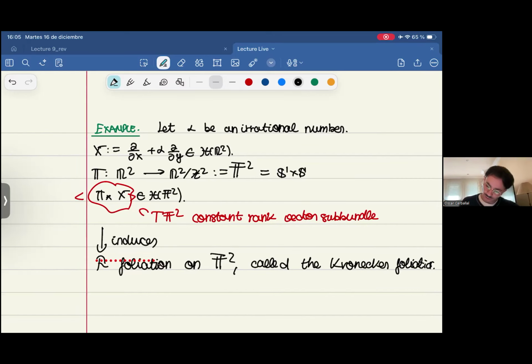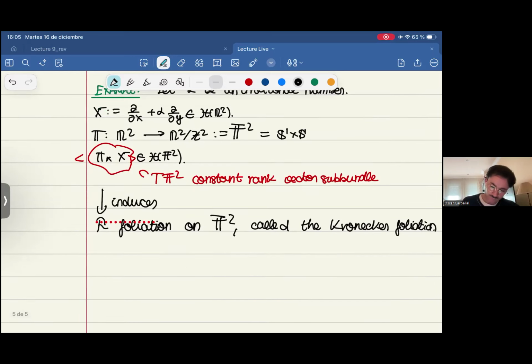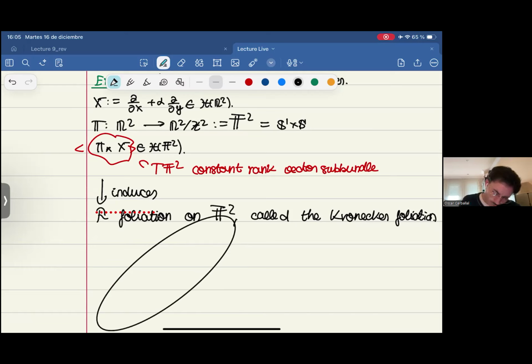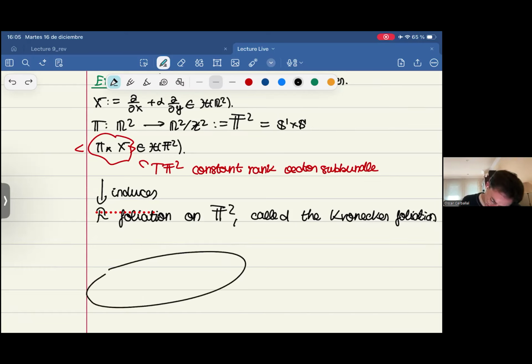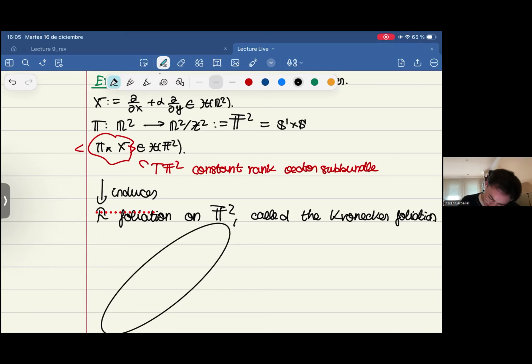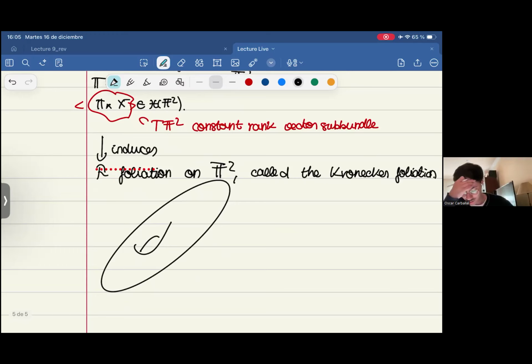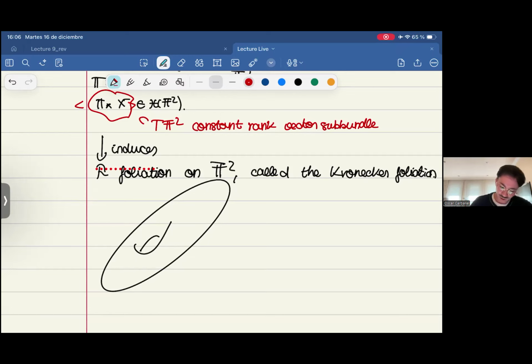Well, the point here is, let me draw a picture. We have our torus, right? And precisely the leaves of this foliation correspond to the integral curves of our projected vector field. And maybe you are familiar with this foliation because it is one familiar example. It is this thing here.